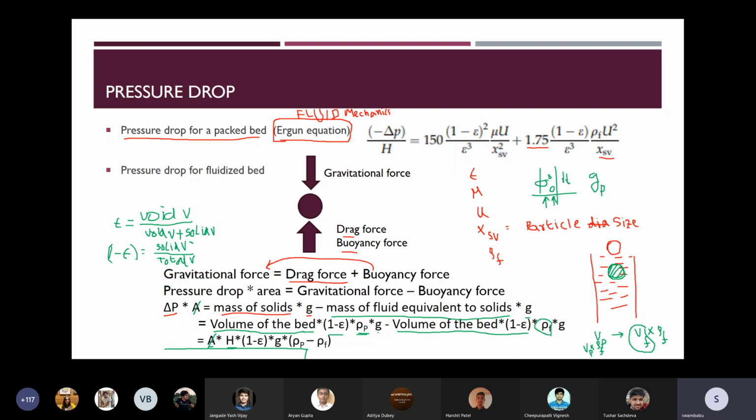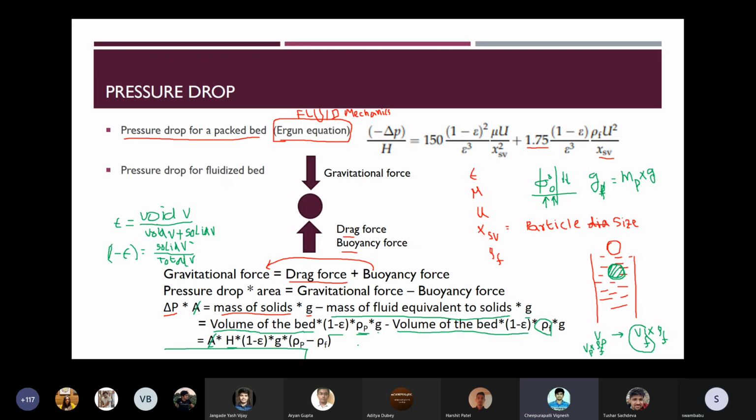That's why we take the gravitational force of the particles. The gravitational force is mass of particles into g. So that's what I wrote, mass of solids into g. If I put epsilon here, I will get the void volume, not the particle volume.